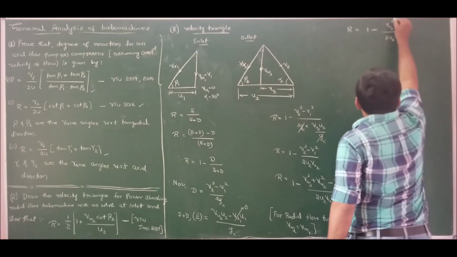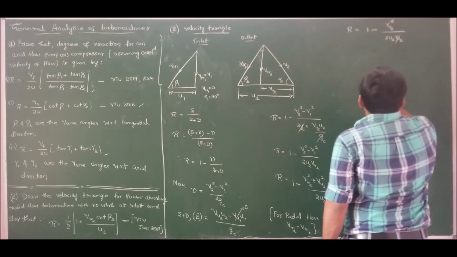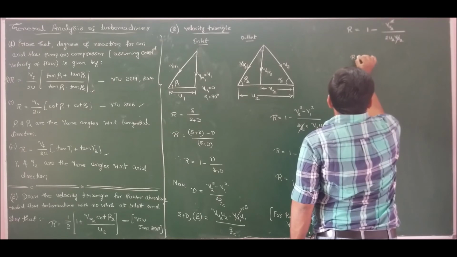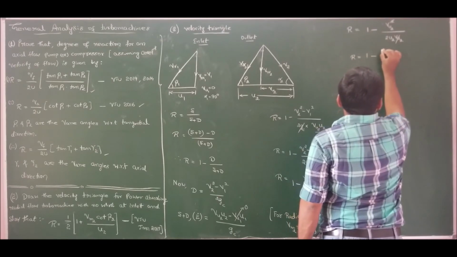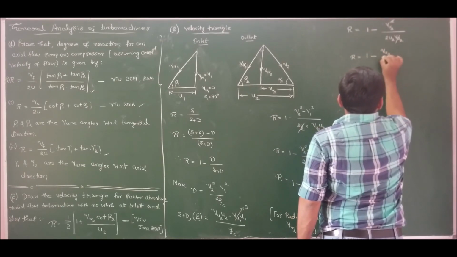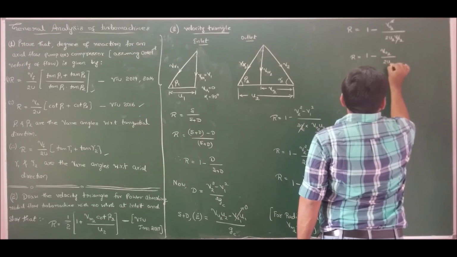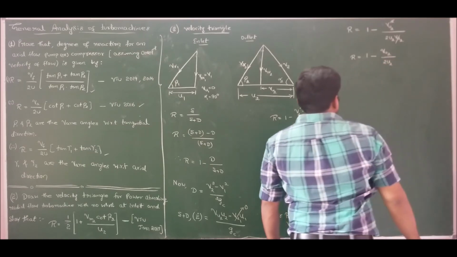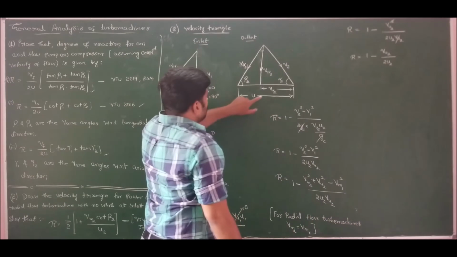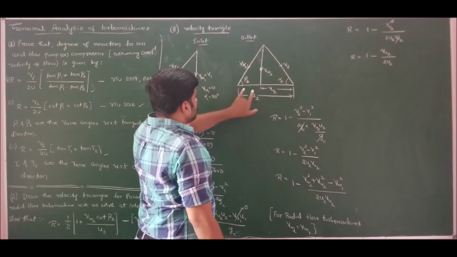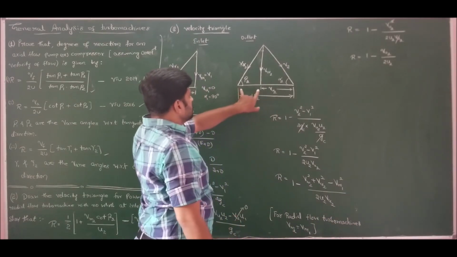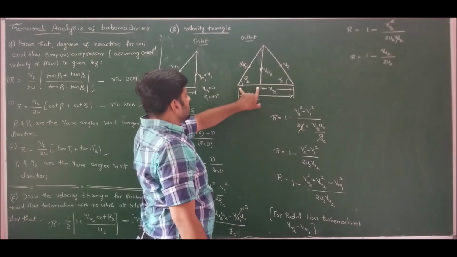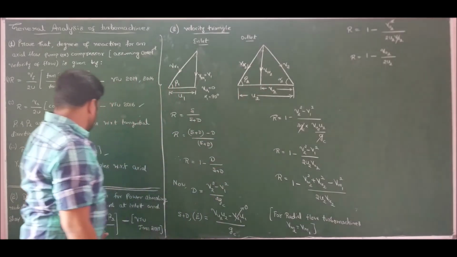So now in Vu2 square, one Vu2 gets cancelled. Therefore, R will become 1 minus Vu2 by 2 U2. Now Vu2 can be written as U2 minus this component, which is nothing but Vm2 cot beta 2. That is what I require.